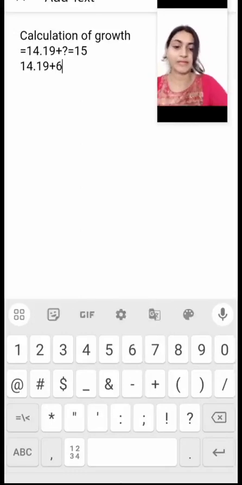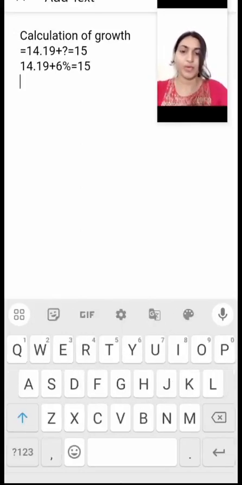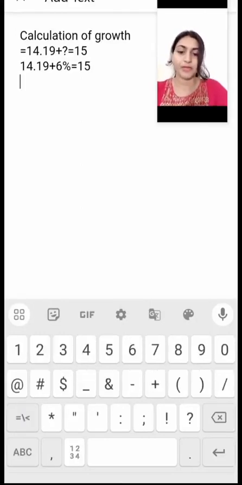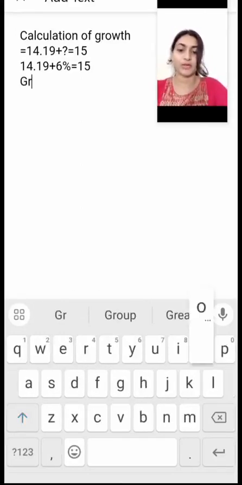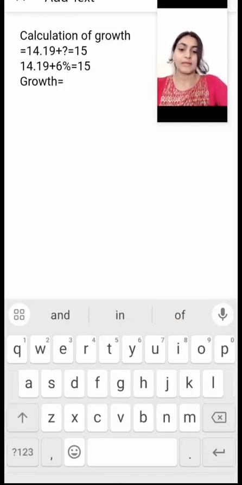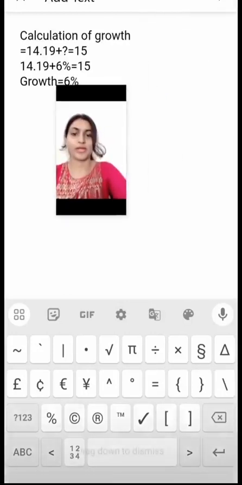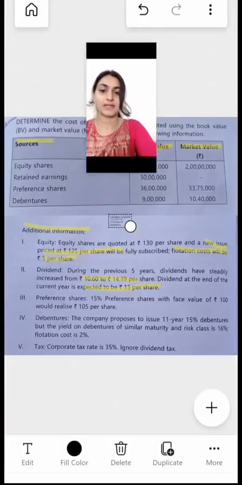Okay, so therefore growth is equal to 6%. Okay, the growth is 6%.